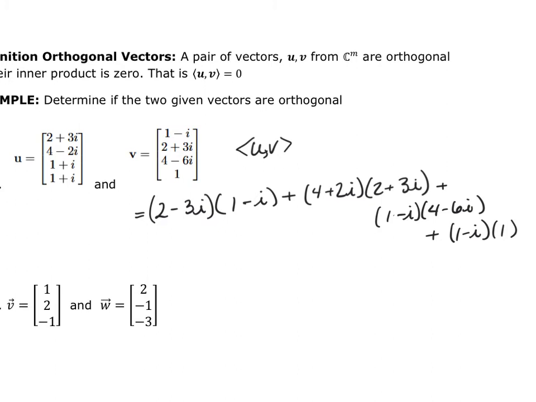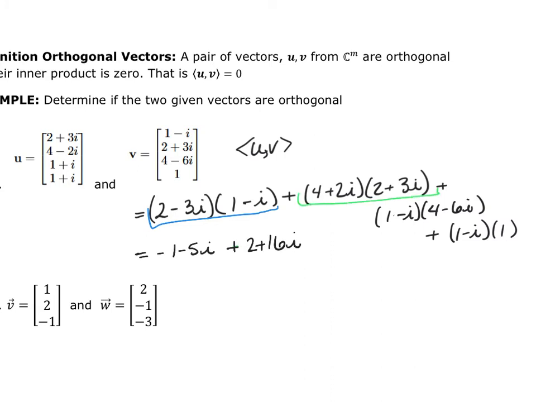So when I do all this, I get my first complex number. This first multiplication is negative 1 minus 5i. That's that part. And then plus, my second complex number is 2 plus 16i. That is that number.